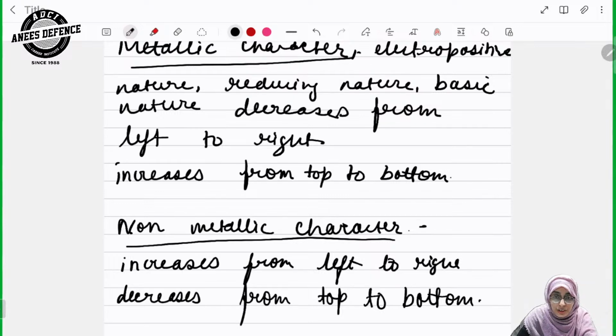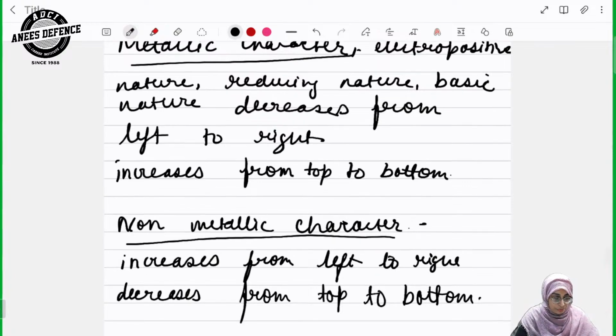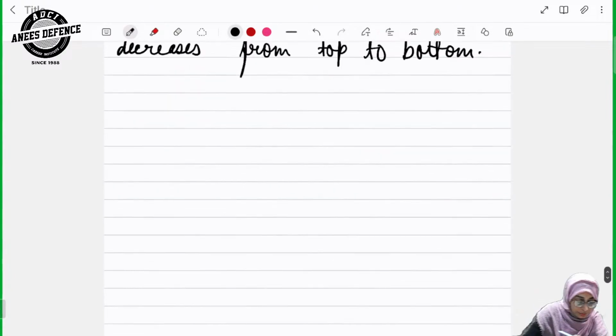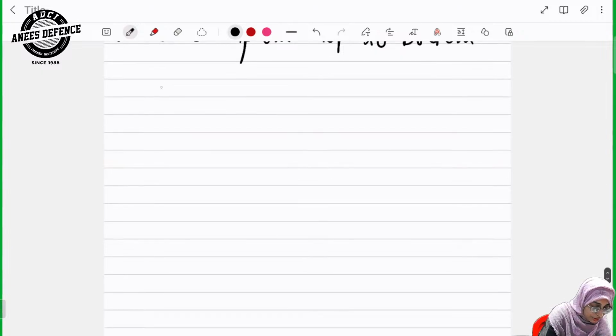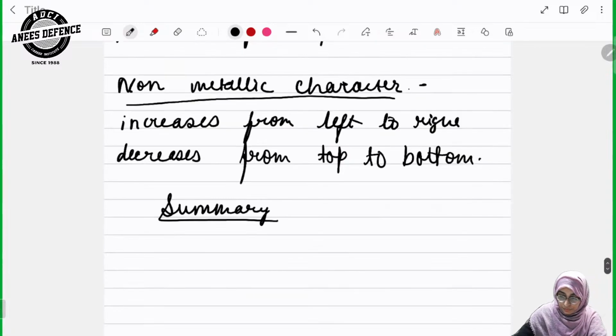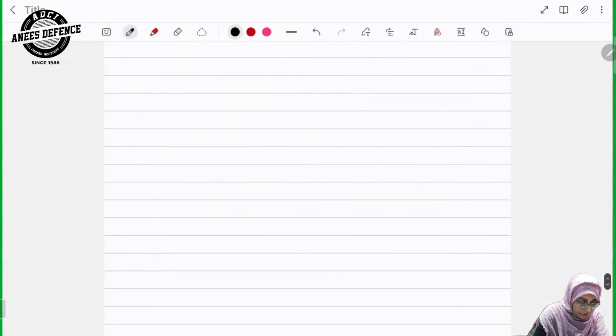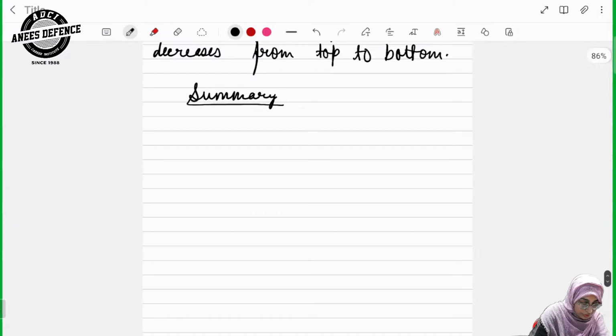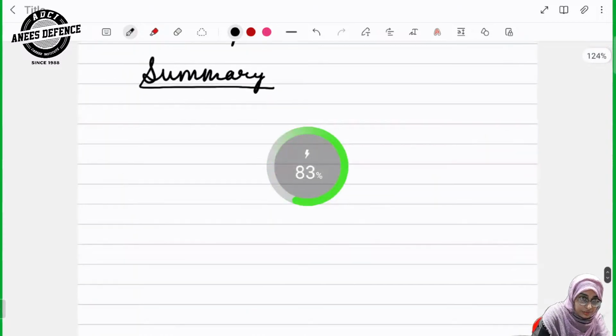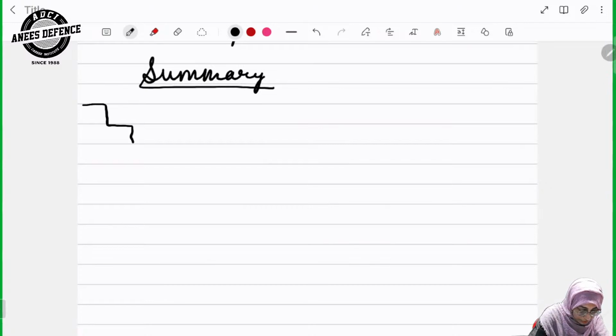Now we are able to understand all the trends. In short, we'll see a summary in the periodic table. Suppose this is our periodic table.